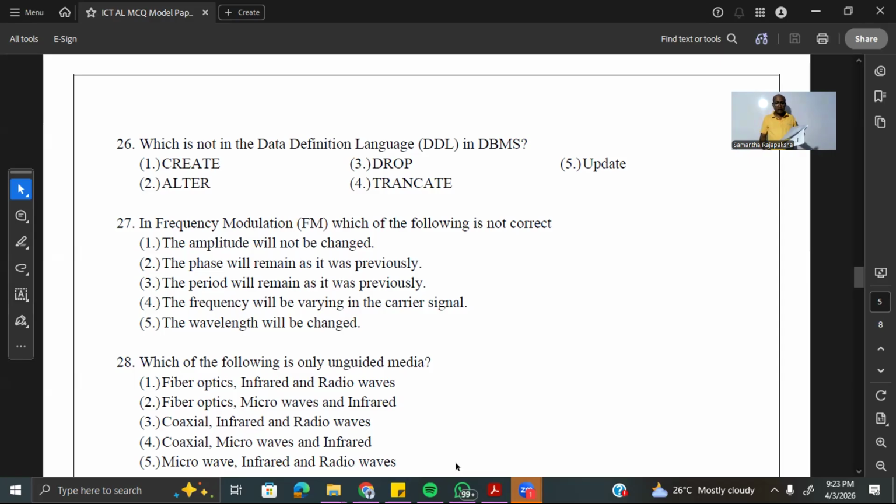No. Period means when you take that signal, from one equal point to another equal point, the distance. So this period will not be the same. Period will be changed because when the frequency changes, definitely the wavelength and the period will be changed. So therefore, the answer is the third one.